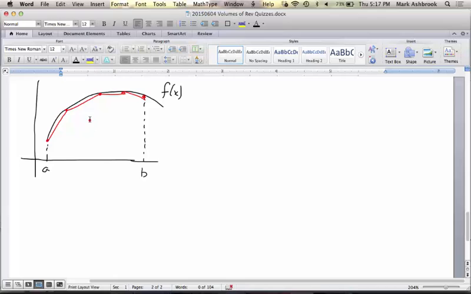Okay, so we're going to look at this. We're going to call each one of these delta S, because it's not a delta X and it's not a delta Y. So this is like delta S1, delta S2, delta S3, in this case delta S4.